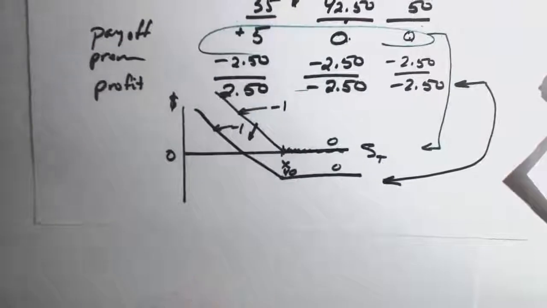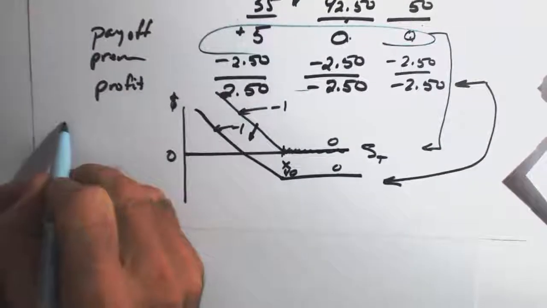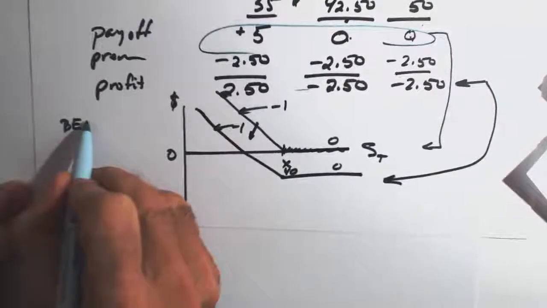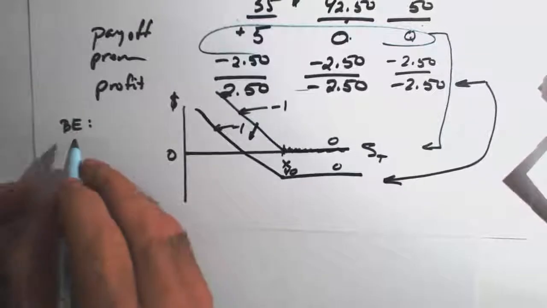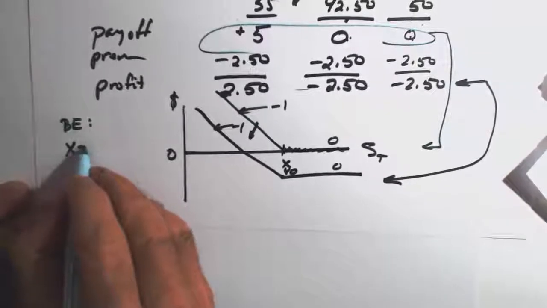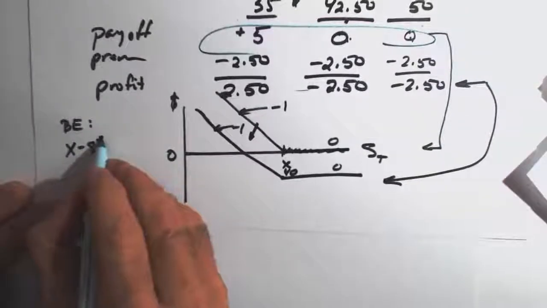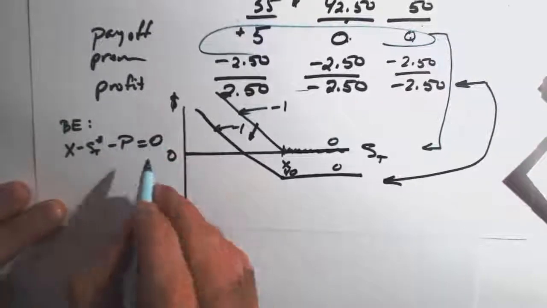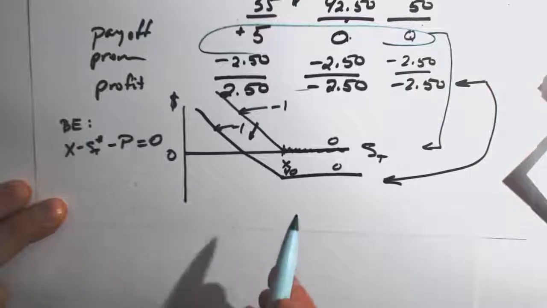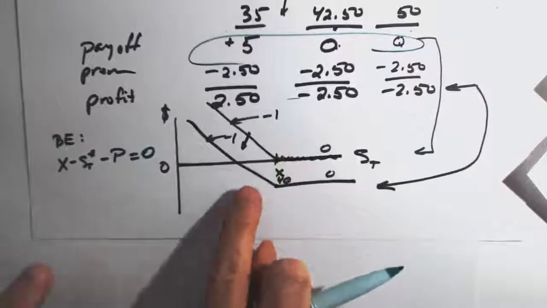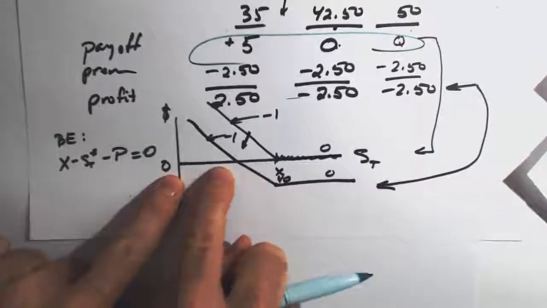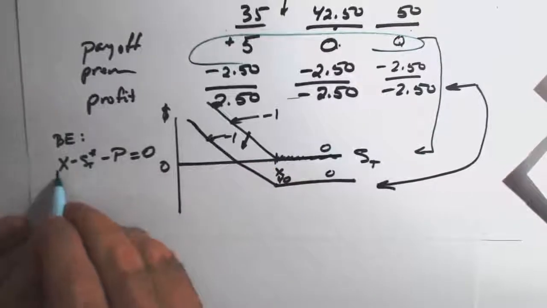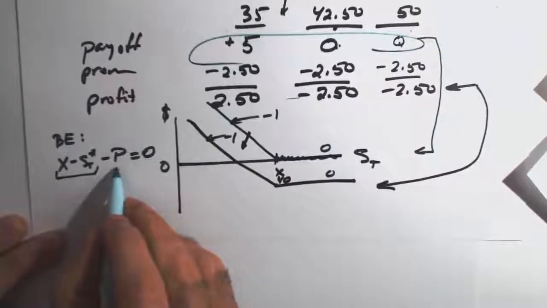Now, the break-even point is going to be this. It's going to be the payoff, X minus the stock at expiration, minus the premium paid, equal to 0. So in other words, when this is in the money, and you're in the money only in this area with a put, you're going to get this payoff minus the premium you paid.